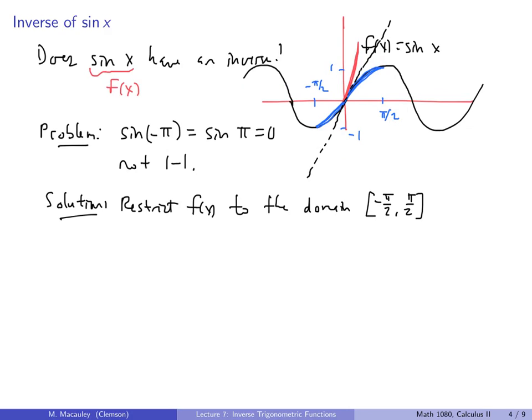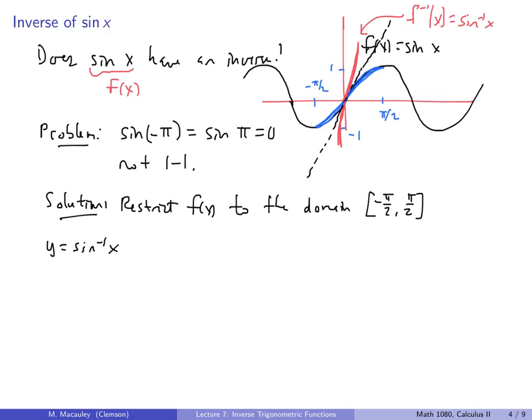And if I do that, I get something like that. So this here is going to be the line. This is f inverse of x equals inverse sine of x. Or sometimes this is called arcsine.